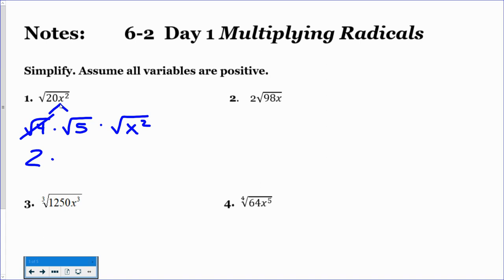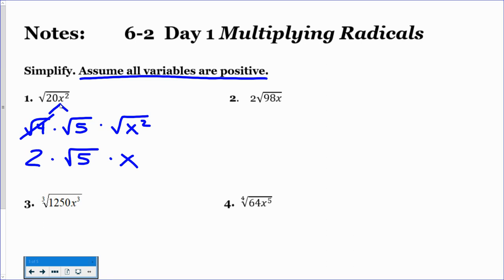Remember, if you can take the square root, you will not have the radical there anymore. I can't take the square root of 5, because that will give me a messy decimal, so that I will leave. I can take the square root of x squared, that would just be x. Now this direction does say assume all variables are positive. Yesterday I would have put absolute values around that x.